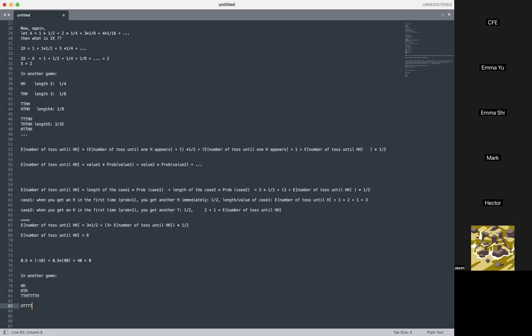So even if we do not say explicitly that you need to end with H, we can still infer from our rules that the game must end with H. Okay, very good, Emma. This is a very smart observation.